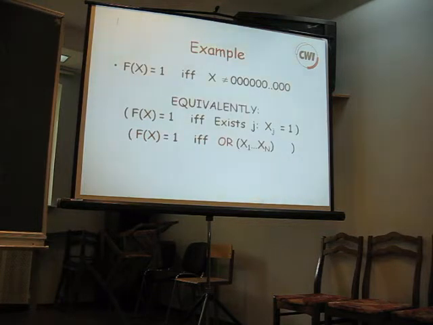For example, the OR function is 1 if and only if not all the variables are 0, or equivalently if there exists a j such that the jth variable is 1.